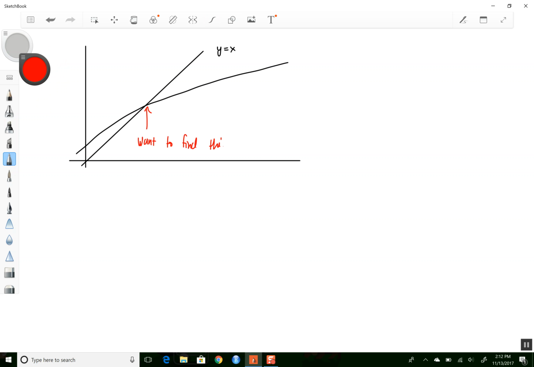Okay. And so basically you just start at some location, x1, and then you find... this is the entire algorithm for fixed point iteration: x at time n plus 1 is equal to g of x at time n.